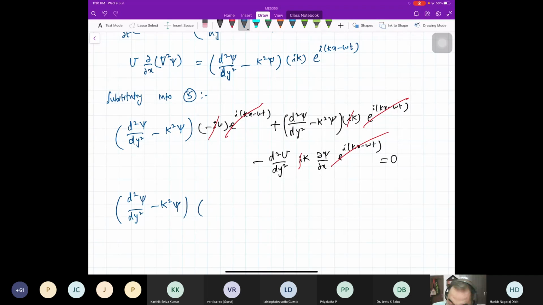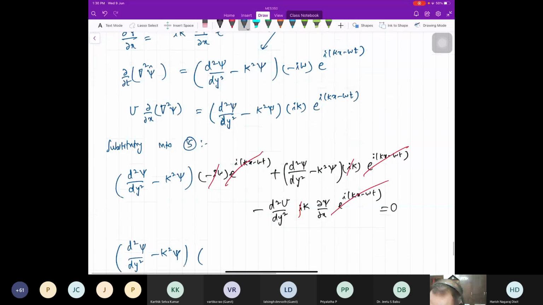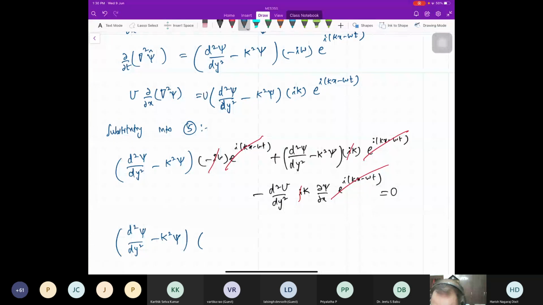There has to be a u somewhere. Sorry, there is a capital U here. So there is a u sitting here.